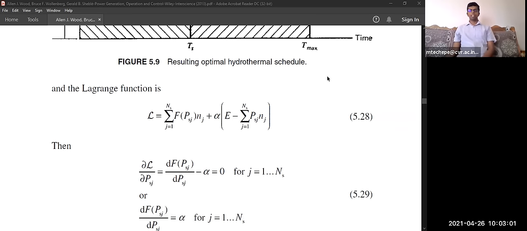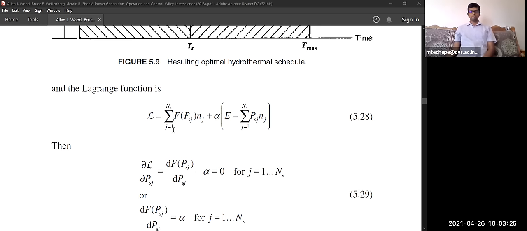I think you have studied this Lagrange's function in your Mathematics 3, numerical methods.